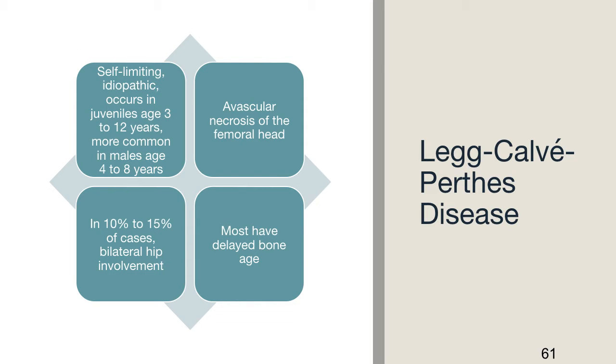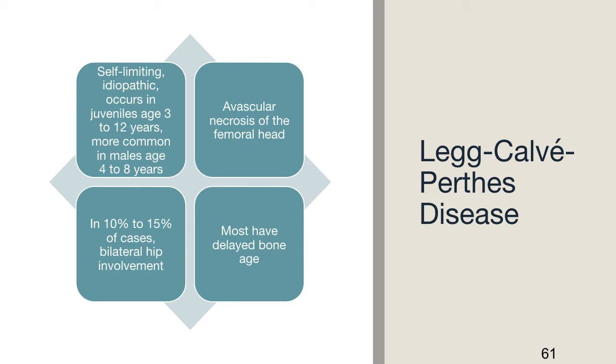Legg-Calvé-Perthes disease. It's a self-limiting idiopathic disorder that occurs in children ages 3 to 12 years of age. It's more common in males, especially between the age of 4 and 8 years old. And basically what happens is they have avascular necrosis of the femoral head.